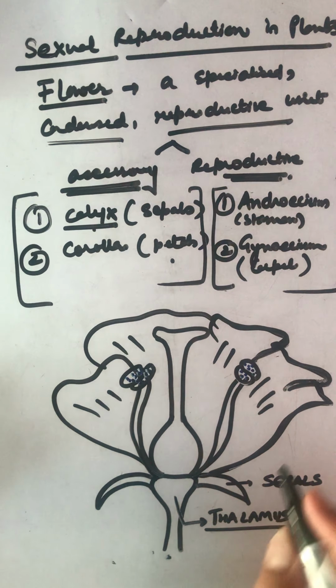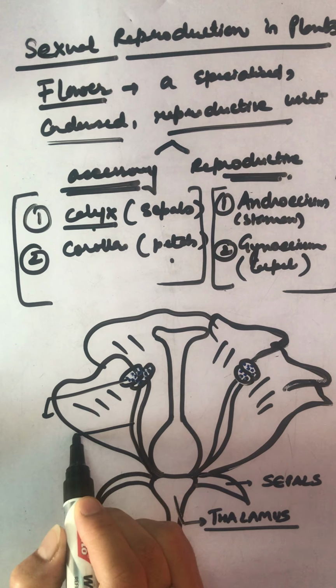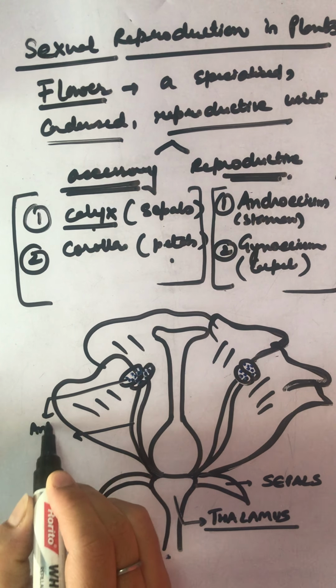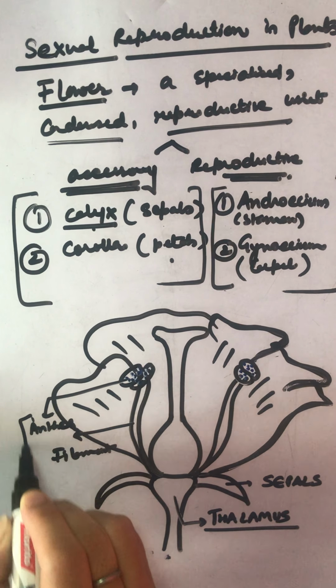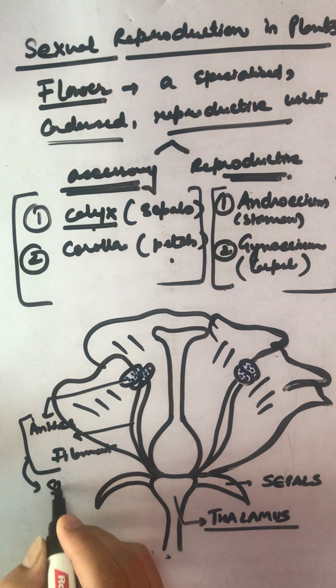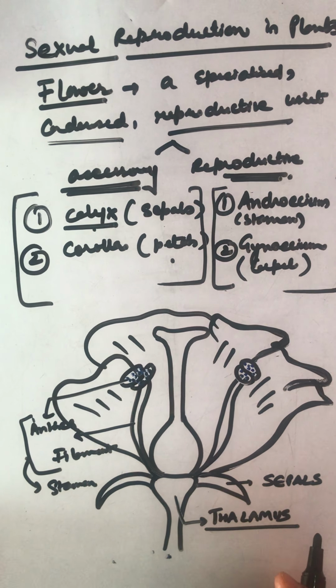Fine. So this anther and filament together form the stamen, and if these are so many, a group of stamens is known as androecium.